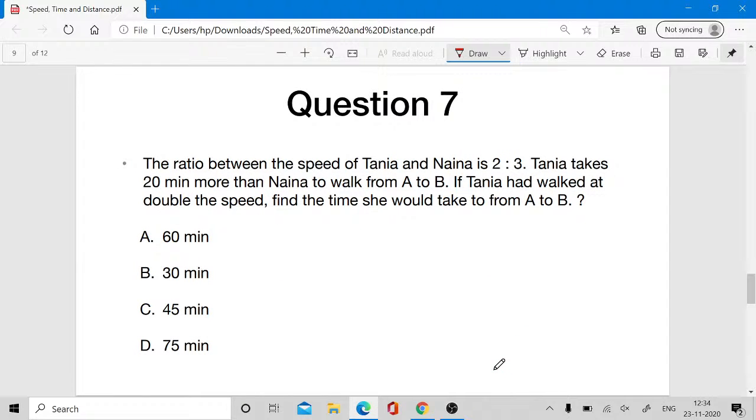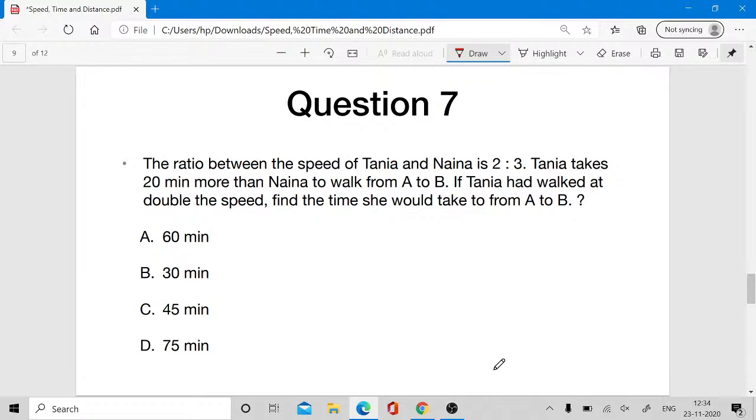The ratio between the speed of Tanya and Naina is 2:3. Tanya takes 20 minutes more than Naina to walk from A to B. So if Tanya had walked at double the speed, find the time she would take from A to B. The ratio is 2:3.